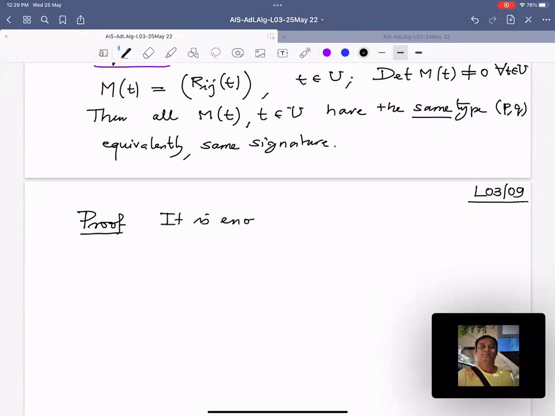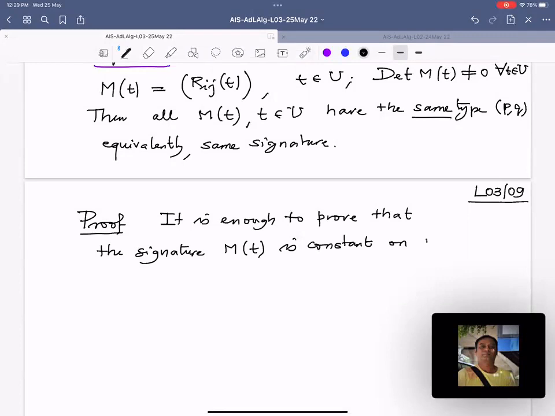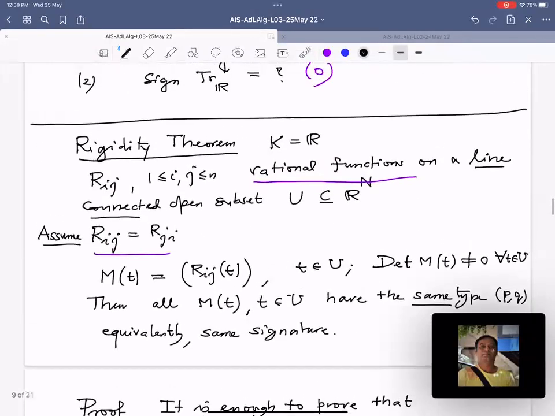It is enough to prove that the signature of these matrices M_t is constant on the line segment L, which is completely contained in U. See, that is where I needed the assumption that U is line connected.